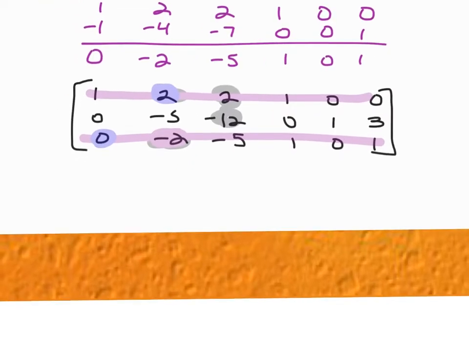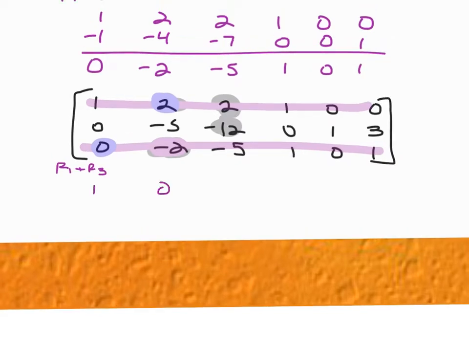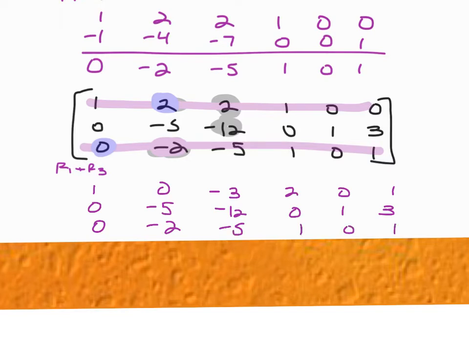So that's what I'm going to do. I'm going to add row 1 and row 3, but put it in row 1's spot. So 1, 0, -3, 2, 0, 1, and then 0, -5, -12, 0, 1, 3, and 0, -2, -5, 1, 0, 1.